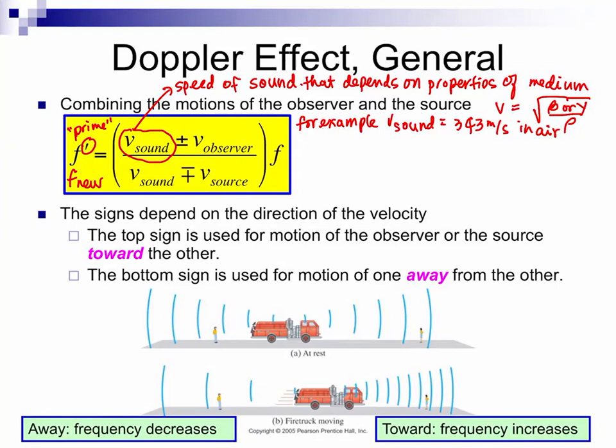So if you chose V sound plus V observer on top, you should use V sound minus V source at the bottom. So the top sign is used for motion when the observer or the source moves towards each other because when the source or the observer is moving towards each other, the frequency increases. Okay. I'll just let you write that down, and that's quite important, knowing which signs to use.